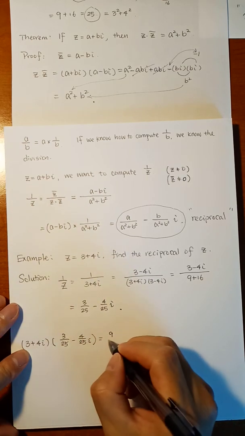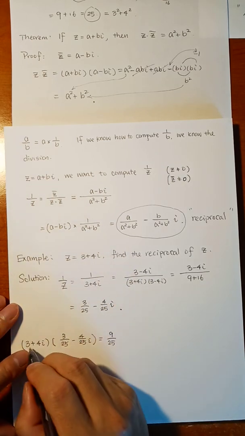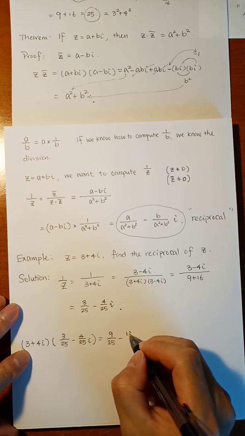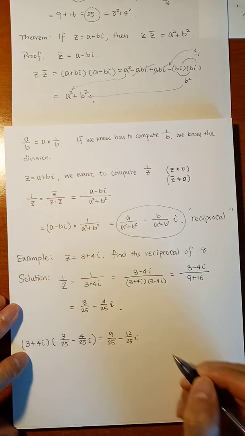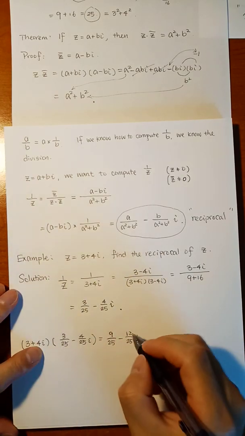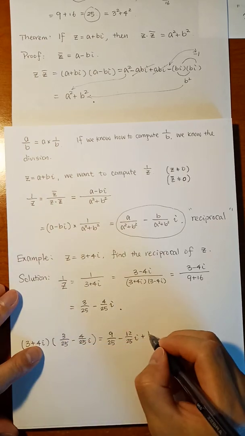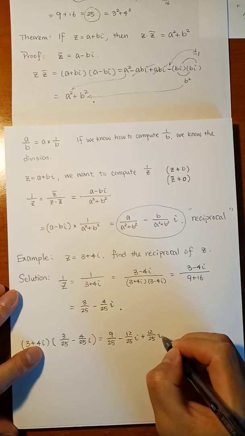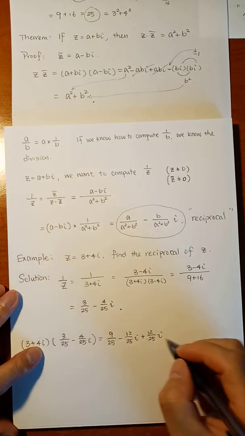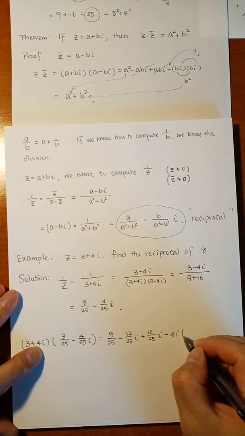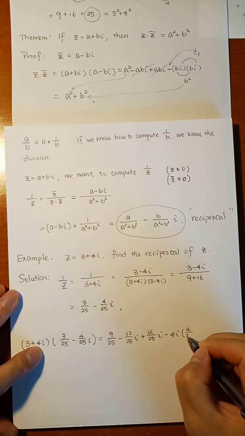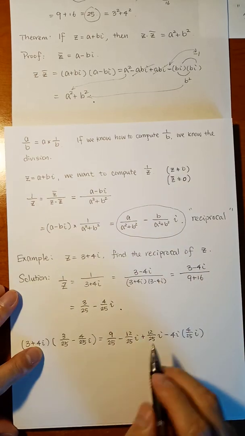3 times 3 is 9 over 25. 3 times the second term gives minus 12 over 25 i, plus 4i times 3 is 12 over 25 i. Then 4i times minus 4 over 25 i.